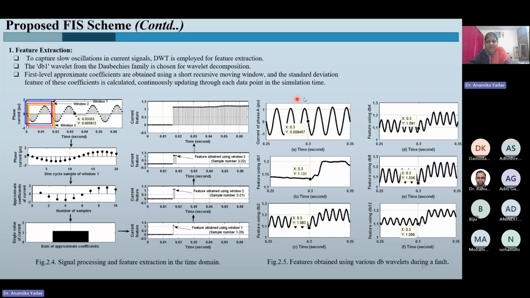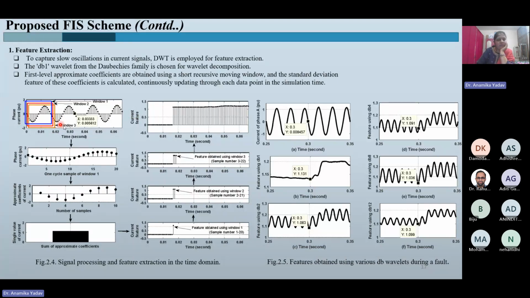Now, how has the feature been extracted? As I told, I have applied the discrete wavelet transform. The three-phase currents are initially discretized using a sample and hold. Here the samples are taken every 1 millisecond, so we get 1 kilohertz as the sampling frequency. A moving window of 20 samples is taken and shifted sample by sample to calculate the discrete wavelet transform.